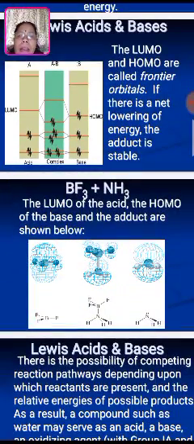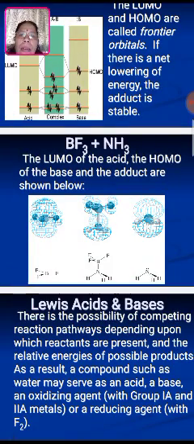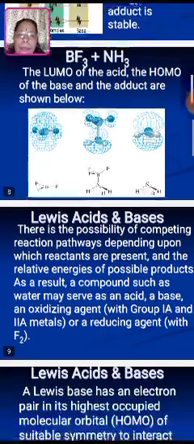See on the screen BF3 and ammonia; the adduct formed is shown in the diagram, how they are bonded with each other, and there is the formation of a coordinate compound.